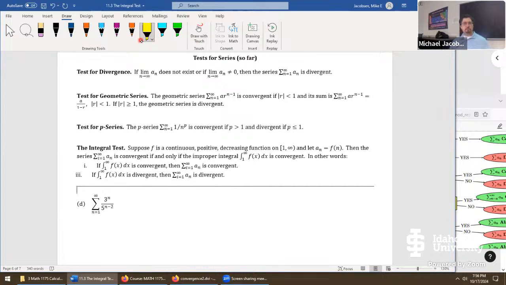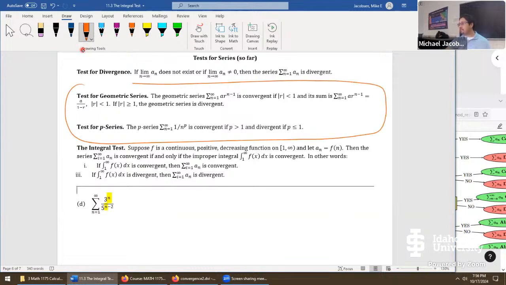I would say its most important feature, just to give a hint, is look where the index n ends up. It's an exponent here and here as well. That gives us a pretty big hint. It's, by that hint, probably one of these two tests. Any volunteers to say which one it definitely has to be?